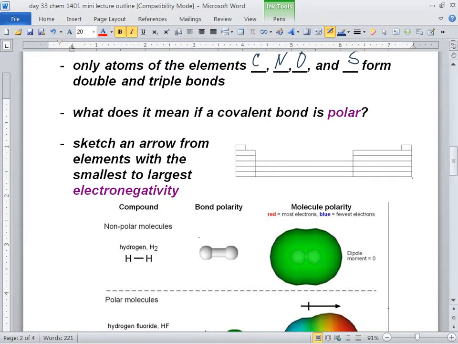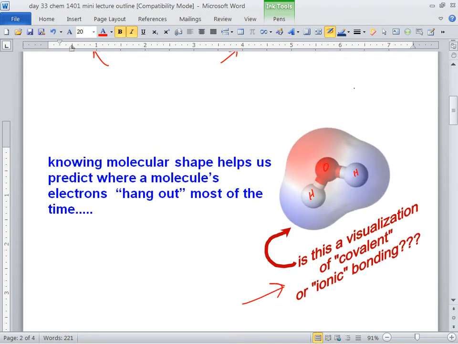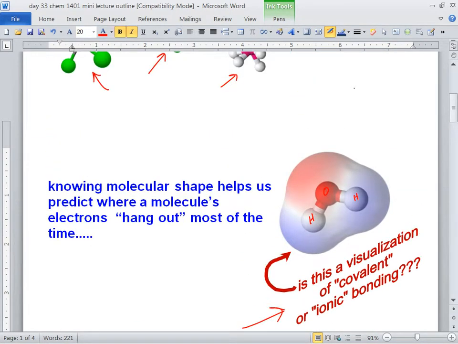Okay, now we're going to be forming these bonds, and we're going to say that some are polar, some are nonpolar. What does that mean? Alyssa, what does that mean? Here's some pictures. Well, where we started out was a good idea.